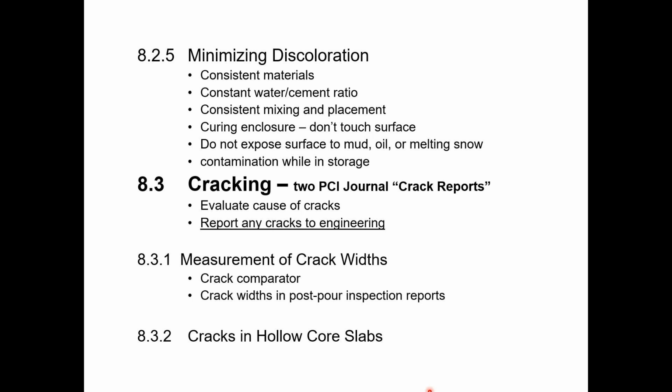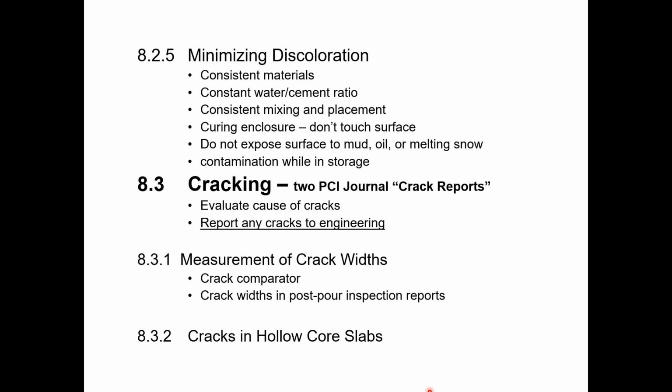We want to avoid storing panels in this particular way because we know that for that color and finish combination it causes staining problems or whatever. So you can minimize discoloration in any number of ways, and it's really a top to bottom approach. You're controlling materials all the way to storage.